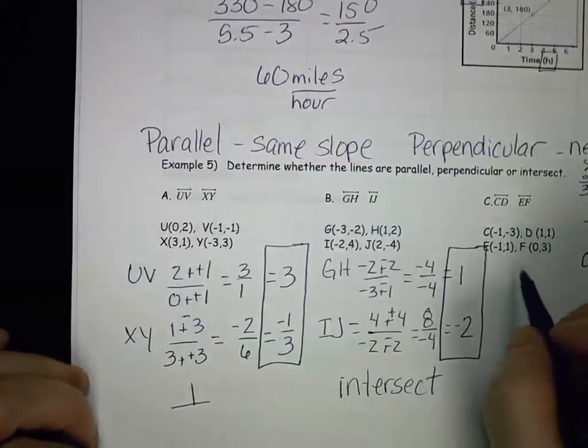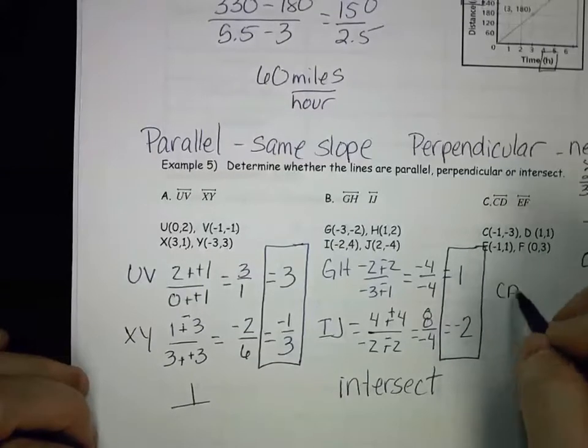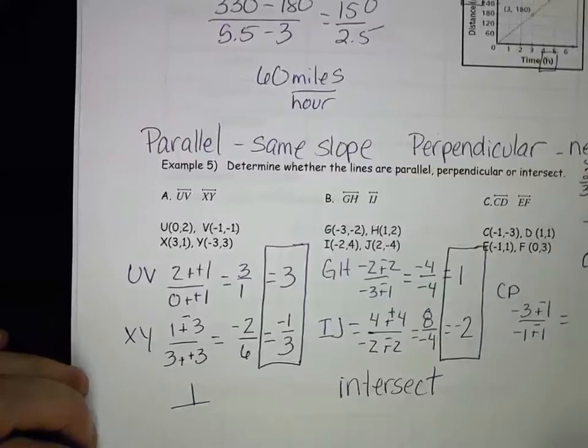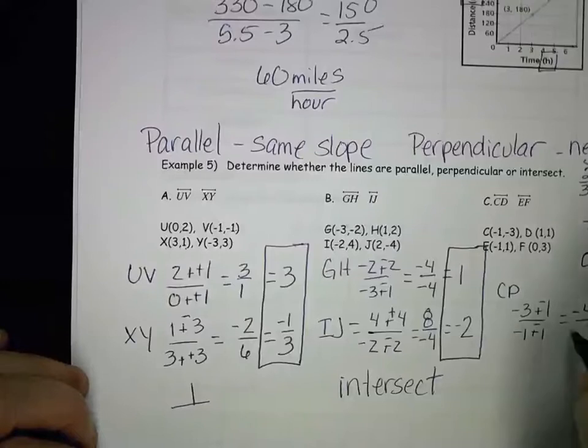And the last one, CD, -3 minus 1 and -1 minus 1. You get -4 over -2, which is 2.